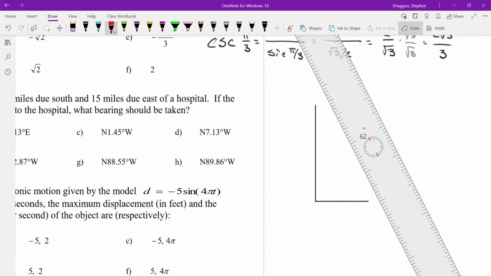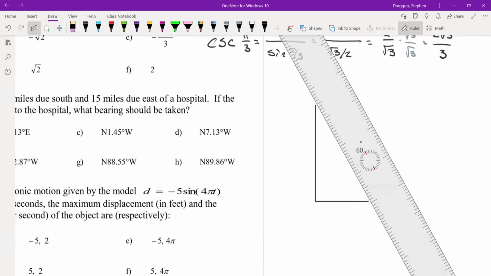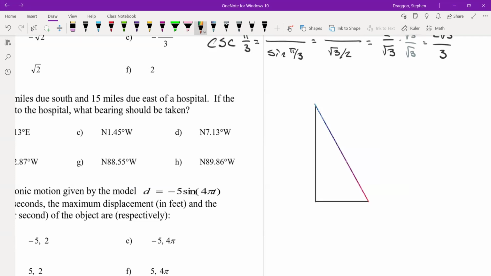I then want to fly from one spot to the other. So up here at the top, I used hospital and helicopter, so both of those want to be H's.